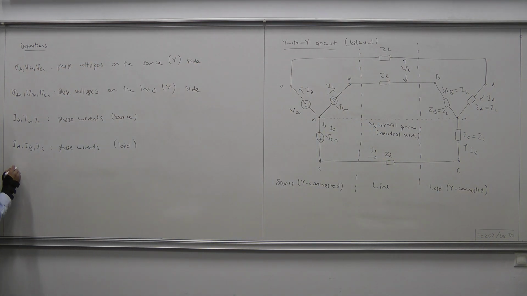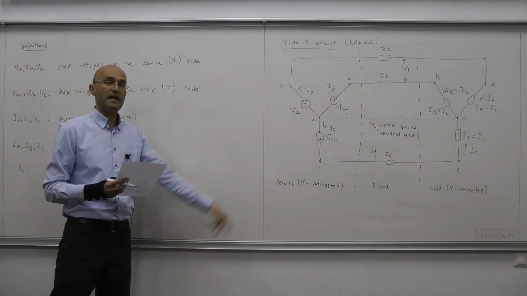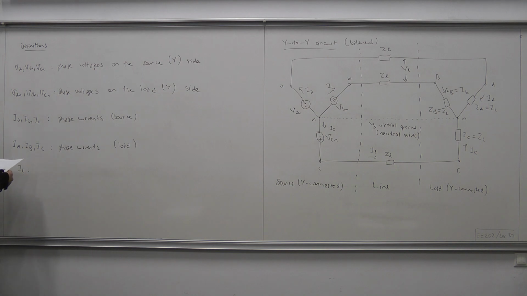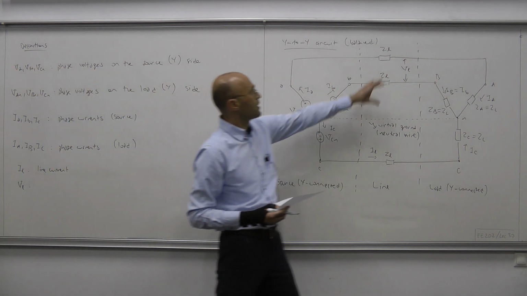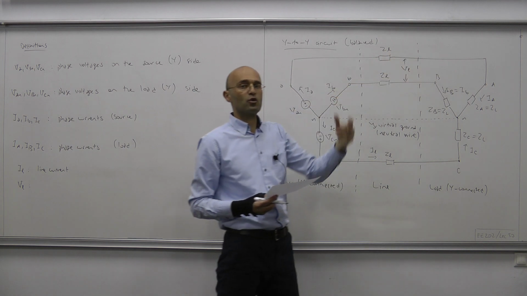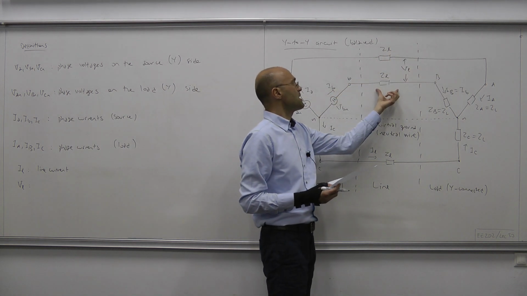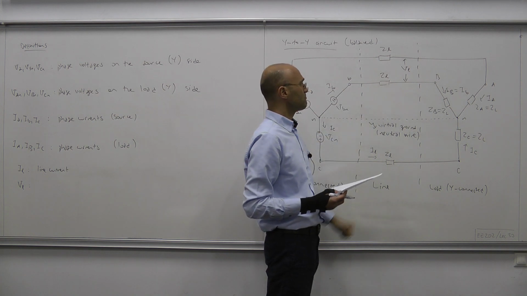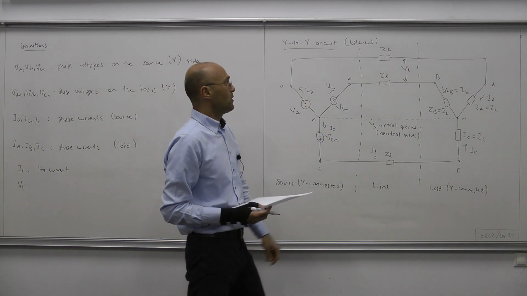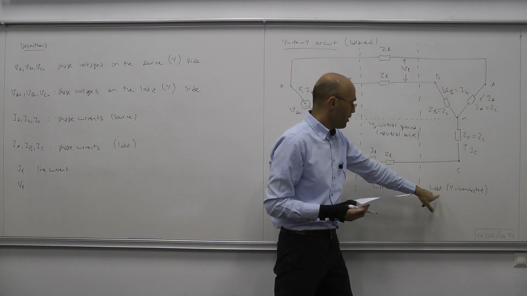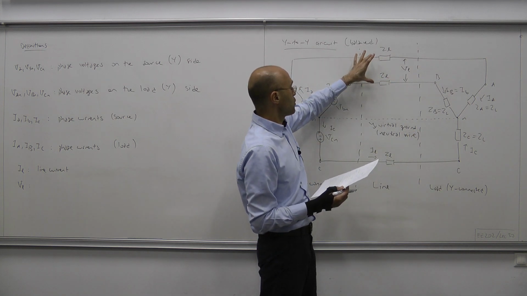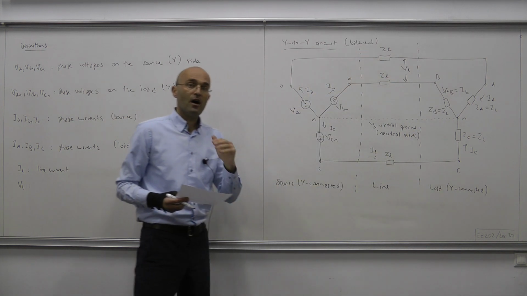And I lowercase l is any of the line currents. So this is the line current, and V sub L is line-to-line voltage, or in short, line voltage. Now, since the line impedance is non-zero, the line voltage on the load side and the line voltage on the source side are different.